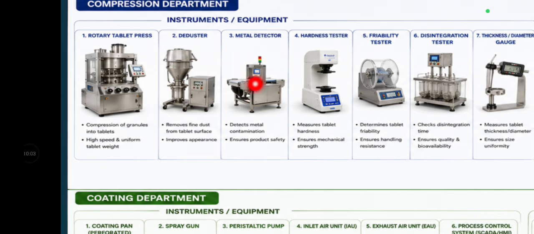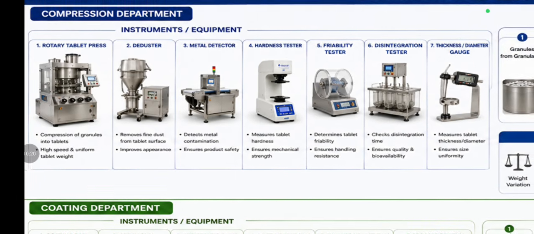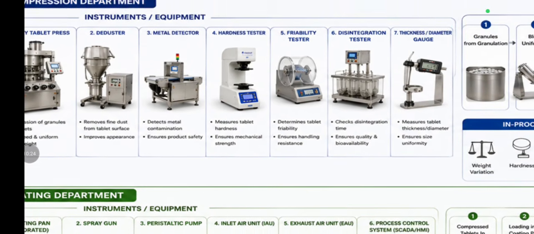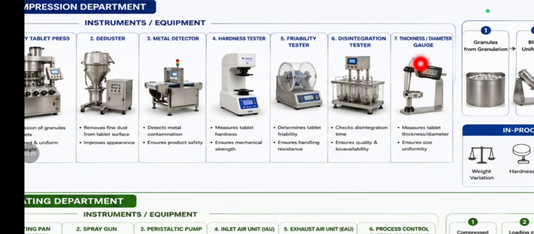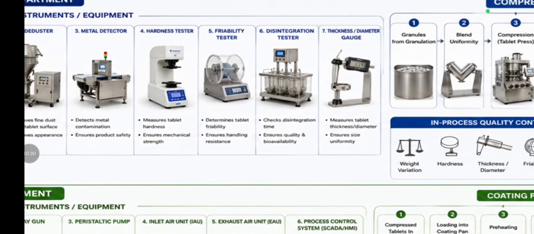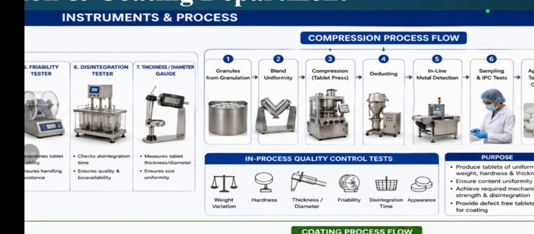Then the metal detector: if any metal or unknown part is present in the pressed tablet, it will be detected by the metal detector machine. Then the hardness tester for the in-process check of the compressed tablets, then the friability tester, the disintegration tester, and the thickness and diameter gauge. These are the instruments we use in our compression department.